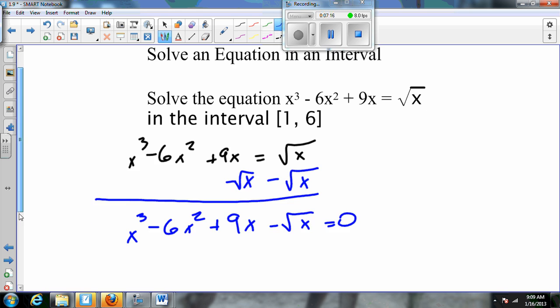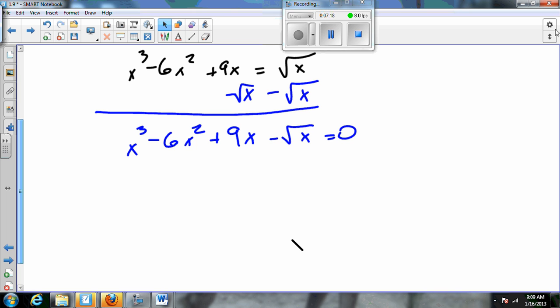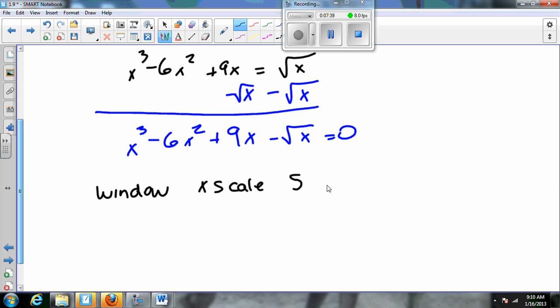You would type this equation into your graph, and you would set the window so the x scale is negative 5 to 5.